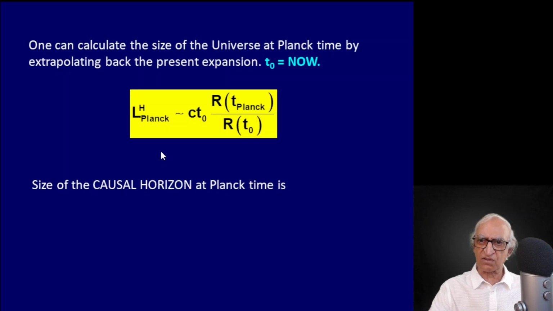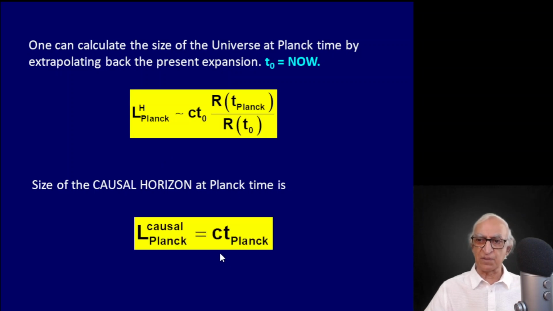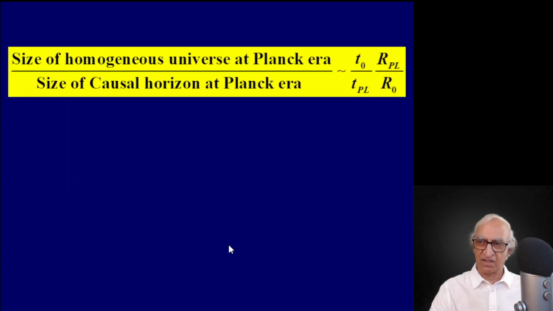Now, since the causal horizon at the Planck time is simply given by the speed of light multiplied by the Planck time, which is 10 to the power minus 43 seconds. So, here I have repeated, the size of the homogeneous universe at Planck era divided by the size of the causal horizon at the Planck era, extrapolated back from now using Friedman's equation, is of the order of the present time divided by the Planck time, multiplied by the scale factor at the Planck era, divided by the scale factor today.